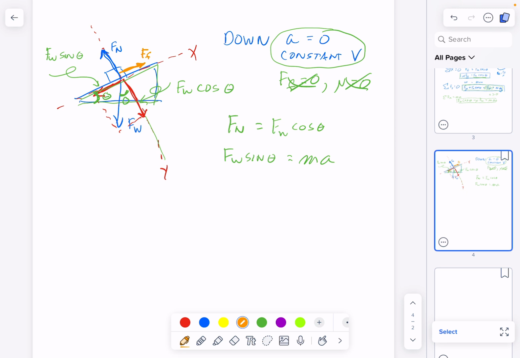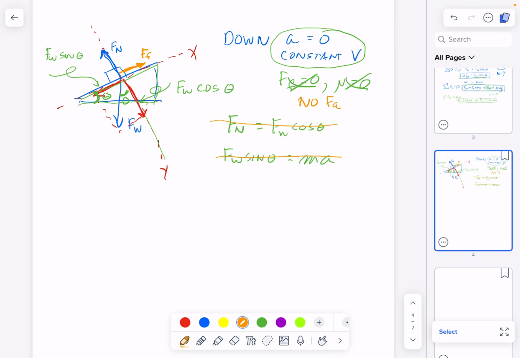What does it take for the box to move down the plane with constant speed? At what angle theta will the box move down the plane with constant speed and there's no applied force? No applied force.